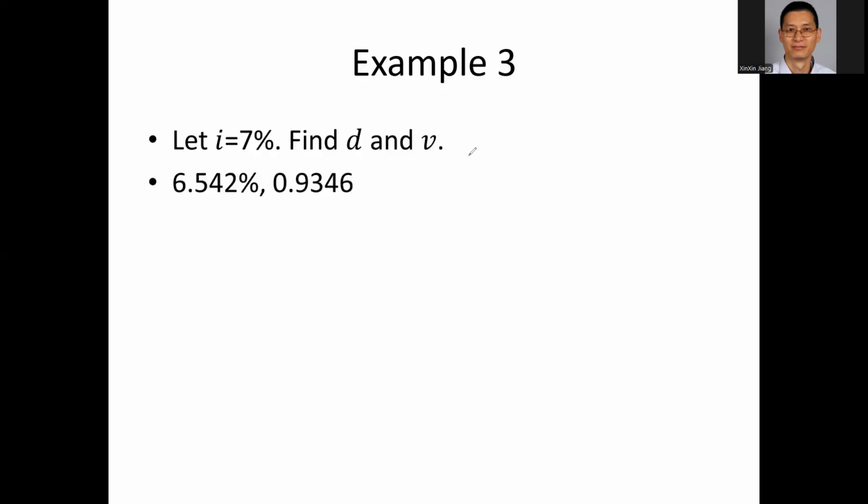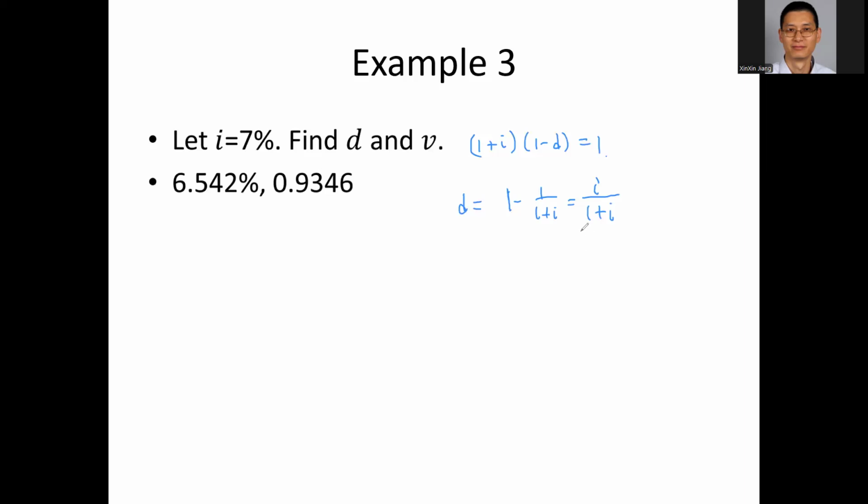We have 1 plus i times 1 minus d equals 1. And so d equals 1 minus 1 over 1 plus i, which is i over 1 plus i.